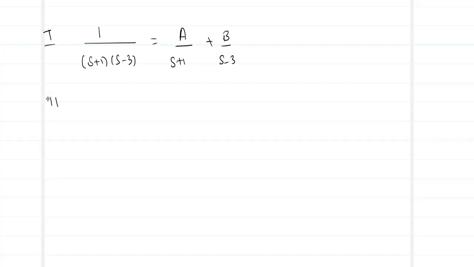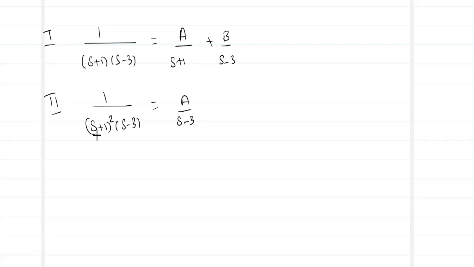Suppose the second type of fraction has repeated factors, like s plus 1 the whole square into s minus 3. So the total power of s is going to be 3, and we require 3 fractions to solve this. The unique factor can be separated as A by s minus 3.